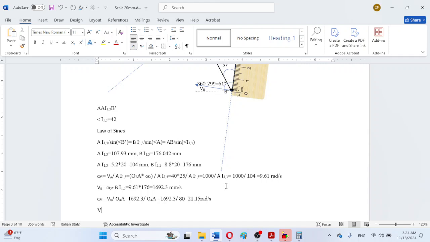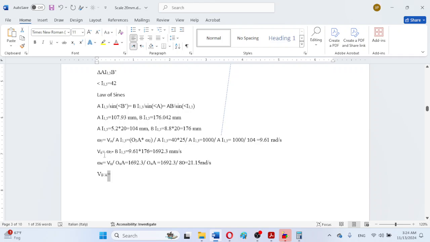For example, VB dash A, and that will be equal to the velocity of point A plus VB.